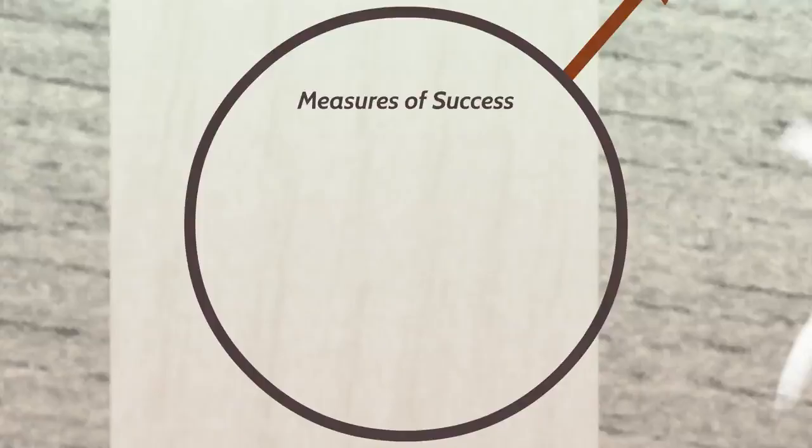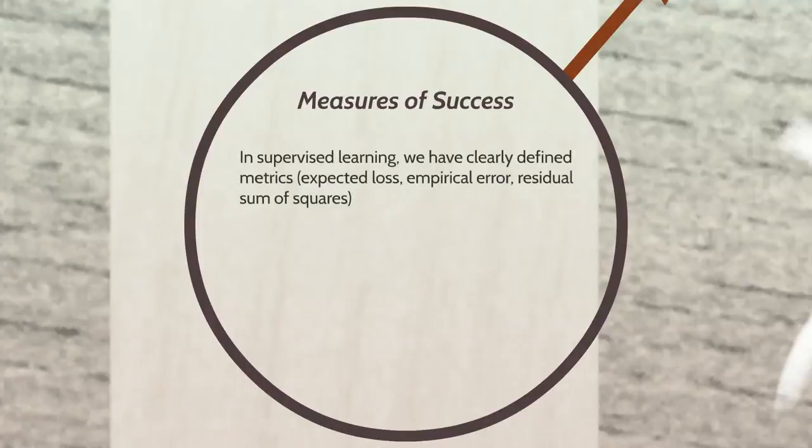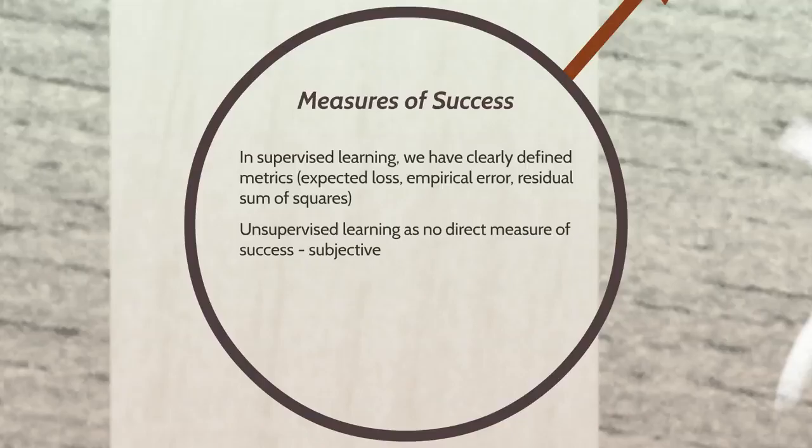All right, so we mentioned the measures of success in unsupervised learning. In unsupervised learning, we don't really have a clear measure of success. It's very subjective. In the supervised learning videos, we talked about clearly defined metrics such as expected loss and empirical error. We mentioned the residual sum of squares. These things can all be used to lead our model in the right direction and teach it what we want it to learn.